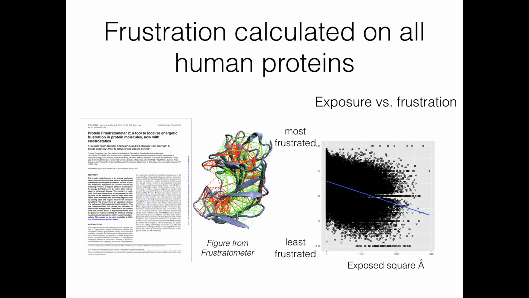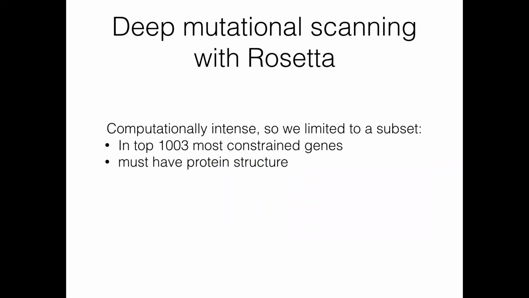There's yet another concept called deep mutational scanning, where you can take and mutate all amino acids one by one in a protein. This is very computationally intensive, so before doing this, we selected a subset of genes.